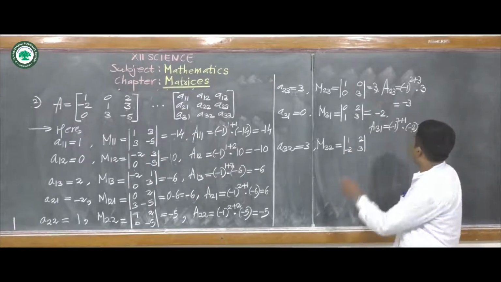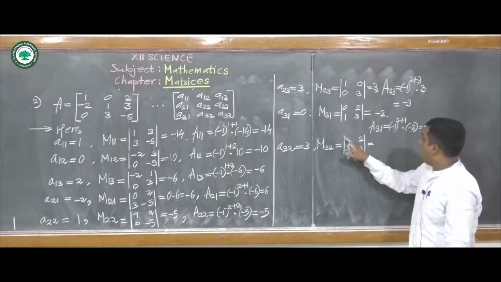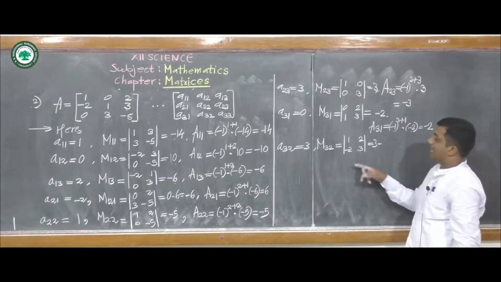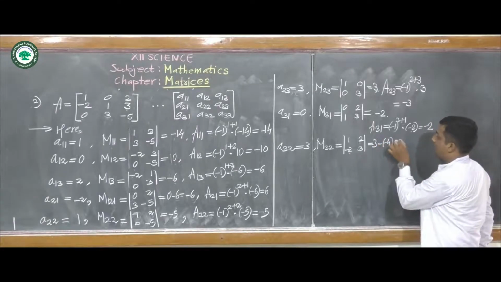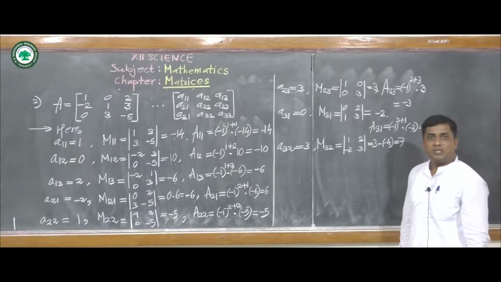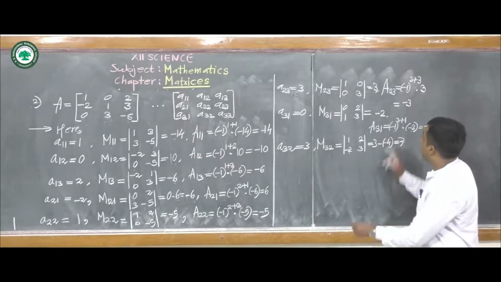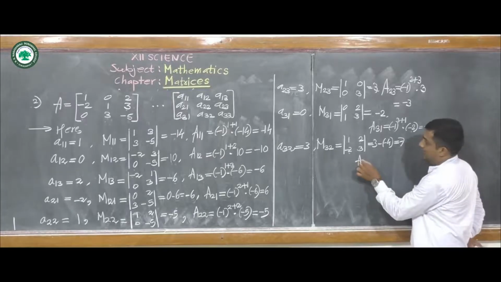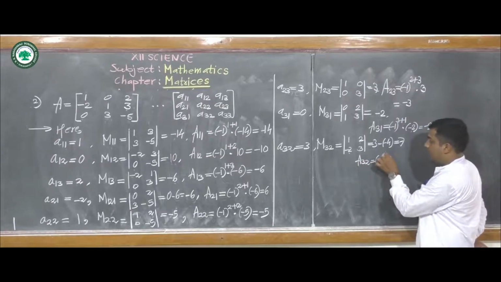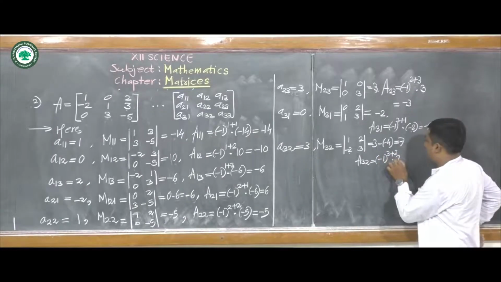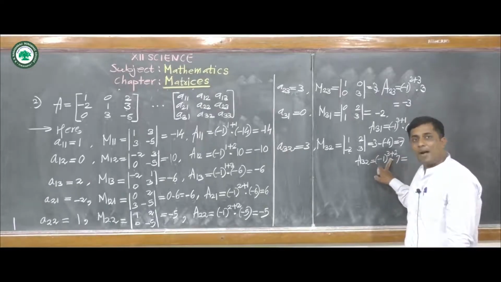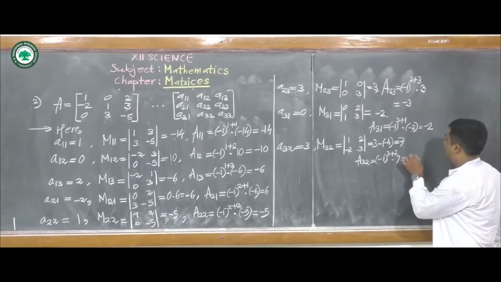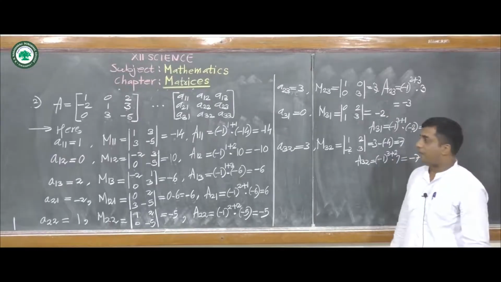This is equal to 1 into 3 is 3, with minus sign minus 2 into 2 is minus 4, and this is equal to 7. Let's find its cofactor. A32 is equal to minus 1 raised to 3 plus 2 into the minor, which is 7. Minus 1 raised to 5 is minus 1, and minus 1 into 7 is minus 7.